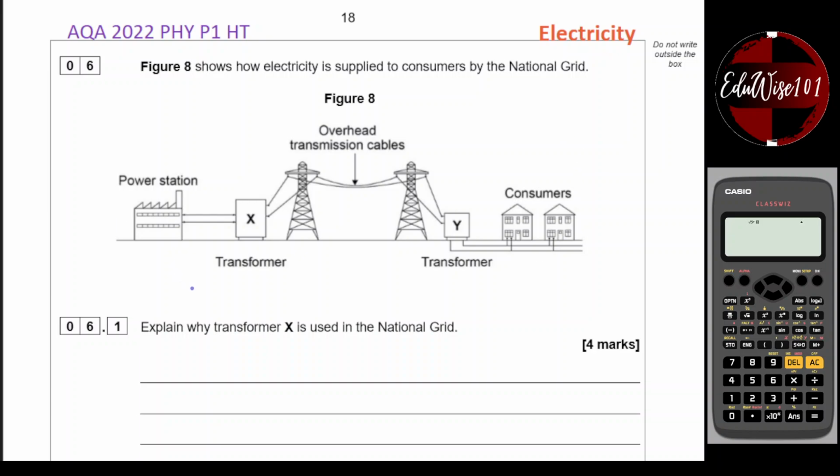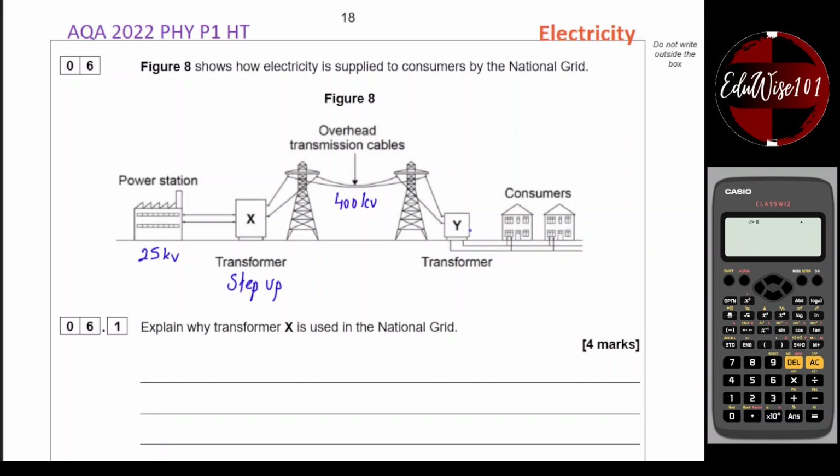Now, explain why transformer X is used in the national grid. Just a little bit of note, the power stations generally produce electricity at about 25,000 volts or 25 kilovolts. Transformer X actually increases the voltage, so it's a step-up transformer, and it increases the voltage to about 400 kilovolts.